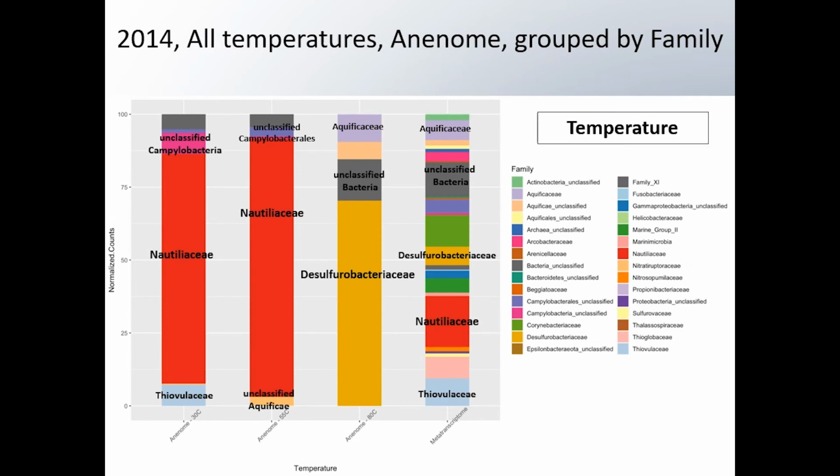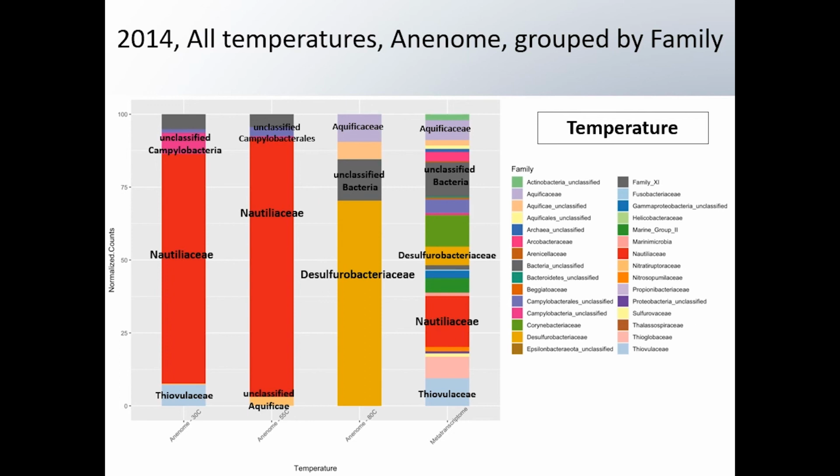Finally, I looked across temperature at Anemone vent site in 2014. The rightmost bar represents the entire metatranscriptome at this site, which you can see contains many members. However, at each temperature, we see not only a distillation of the members in this metatranscriptome, but also that just a few families dominate at each temperature.